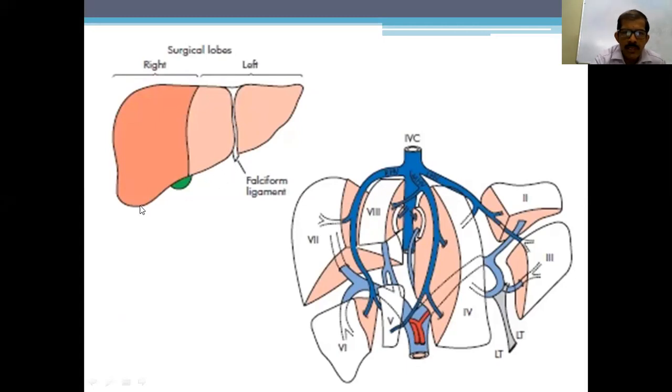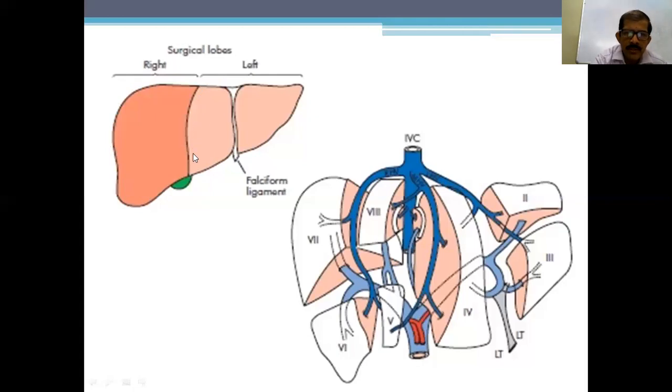It will divide the liver into a large right lobe, anatomical lobe, whereas a small left lobe, mainly consisting of 2 and 3 segments. Whereas this Cantlie's line, see, this is the Cantlie's line. This is an imaginary line. There is no such line on the liver. So for our convenience, we will divide the liver into surgical lobes, 2 surgical lobes.